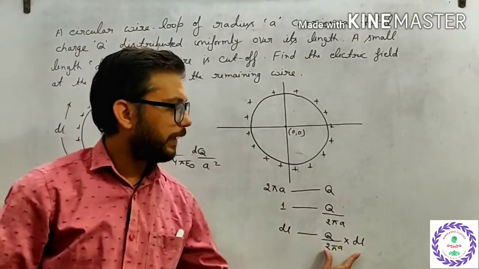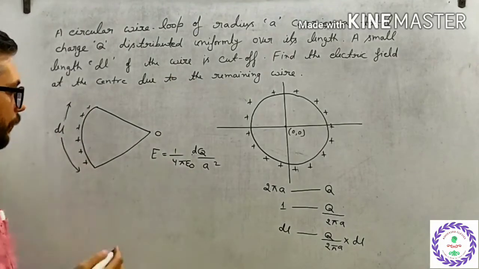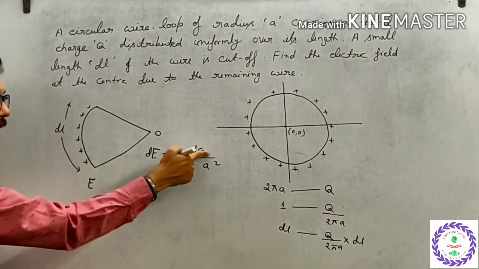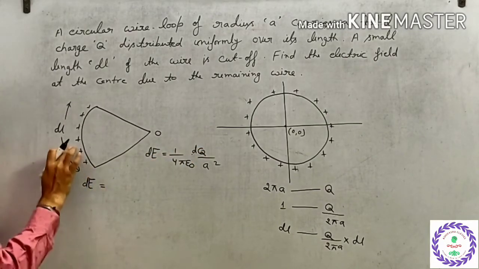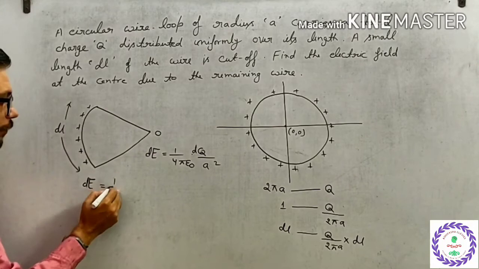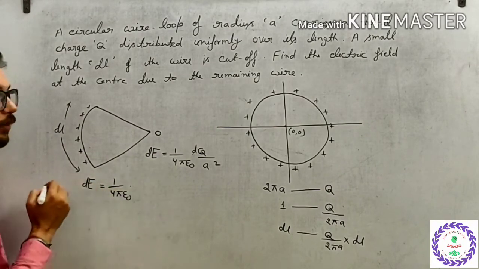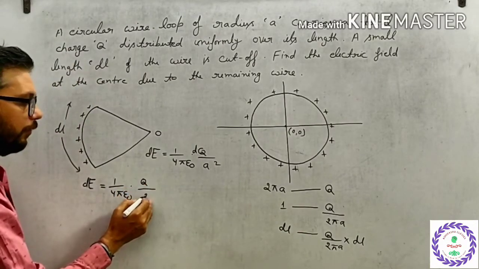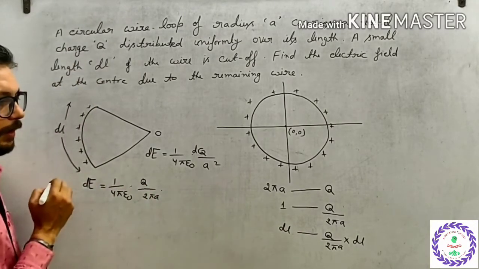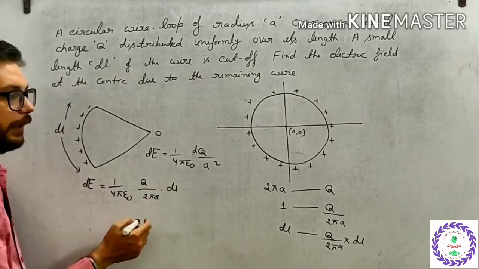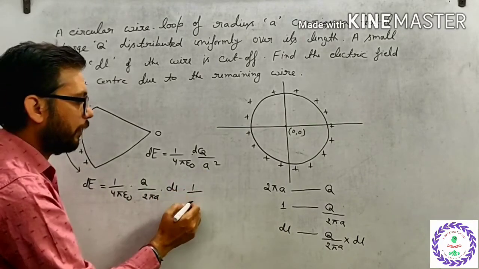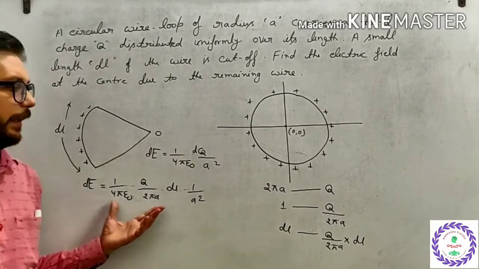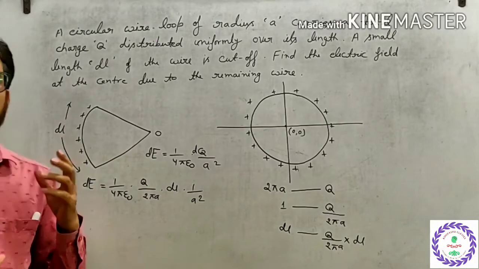This will be the value of the small charge, and when we put the value here, this will be the small electric field due to the small charge. So the small electric field dE due to this small element will be 1 upon 4 pi epsilon naught, and dq is q upon 2 pi a into dl, upon a square. So this will be the electric field due to this element.